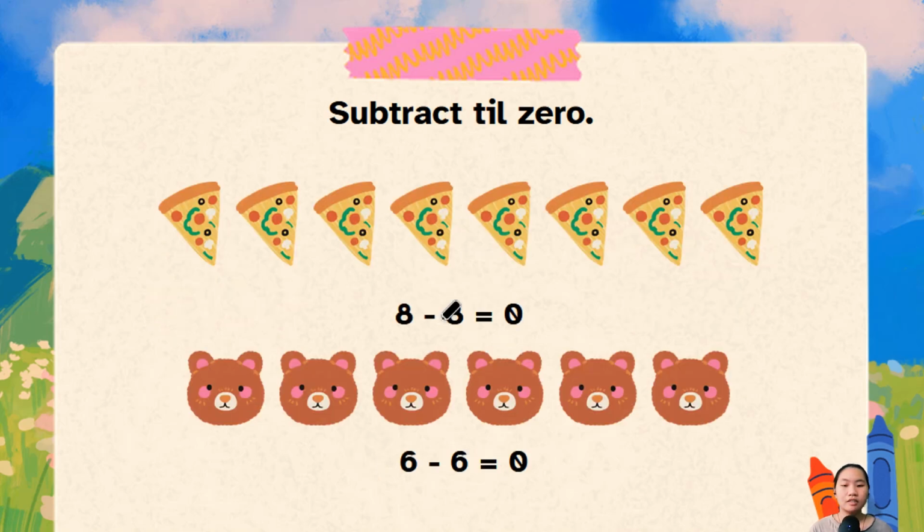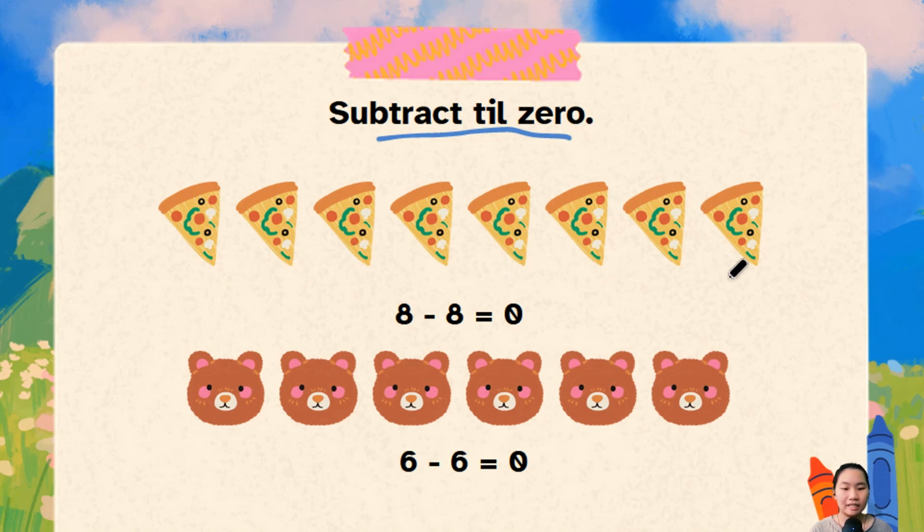Next up, subtracting till 0. So instead of subtracting 0 itself, we're going to subtract enough until we get the difference of 0, okay? Remember, sum is for addition, difference is for subtraction. So how many pizzas do I have here?